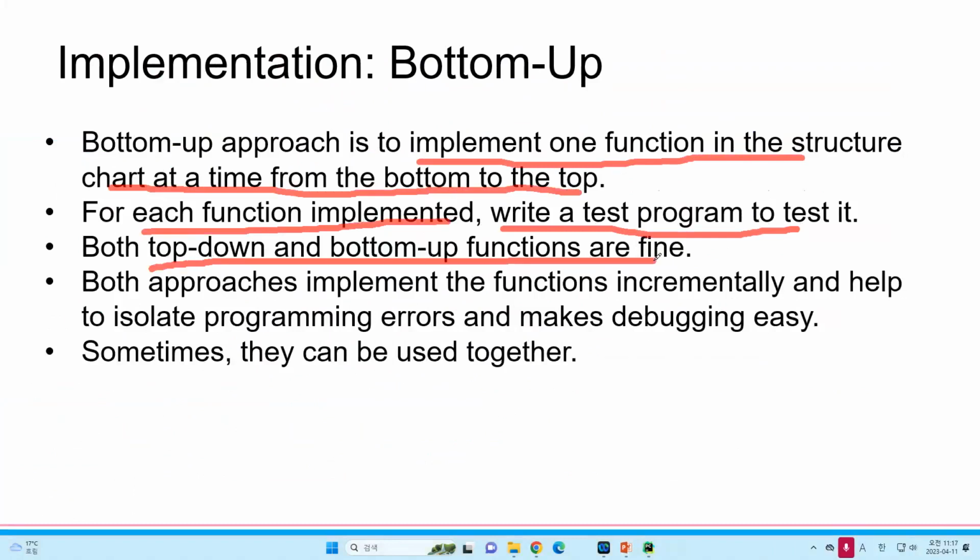So top-down and bottom-up are both okay. It depends on you, what you want to design. Both approaches implement the function incrementally, which helps to isolate programming errors and makes debugging easy.